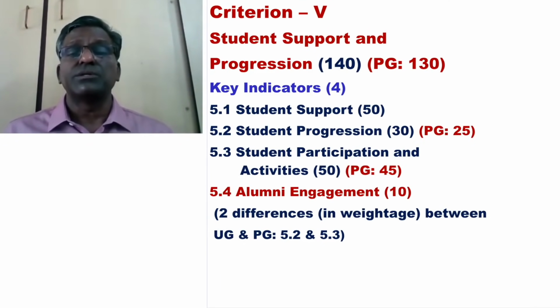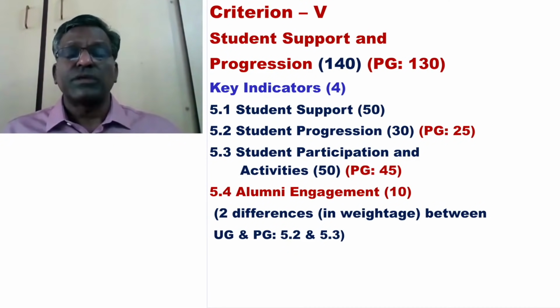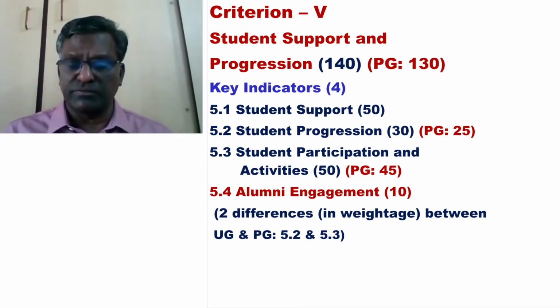Criterion 5, student support and progression. There are 5 key indicators. 5.1, student support, the weightage is 50. 5.2, student progression. In the case of UG, it is 30. In the case of PG, it is 5 less, 25. 5.3, student participation and activities. Once again, there is a minor difference between UG and PG institutions.